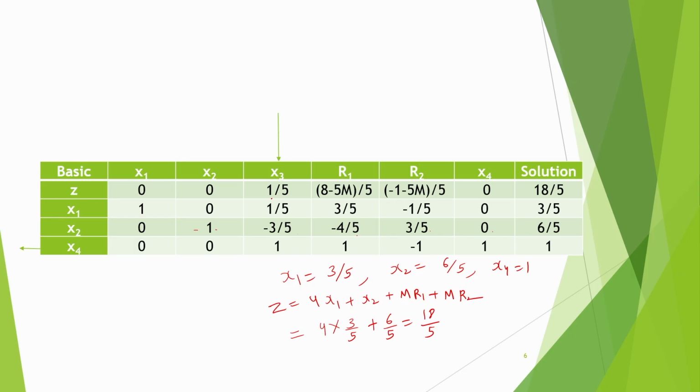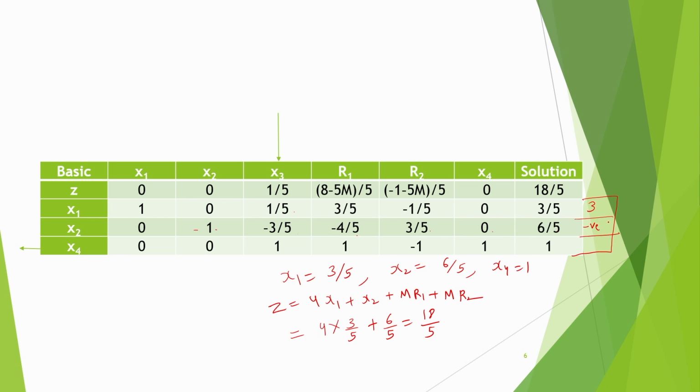If x3 becomes the entering variable, then in this row the coefficient is 1 by 5. The x1 coefficient is 1 by 5, solution is 3 by 5. If you divide 3 by 5 by 1 by 5, this becomes 3, and this becomes some negative quantity.